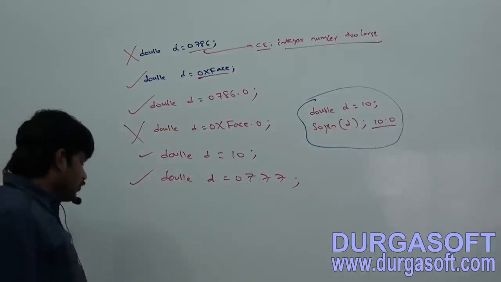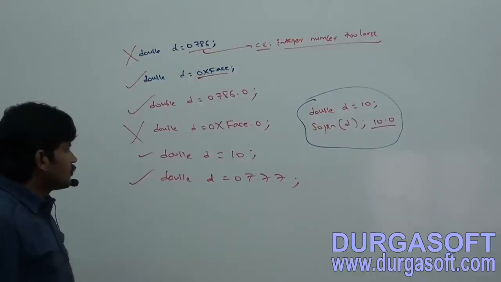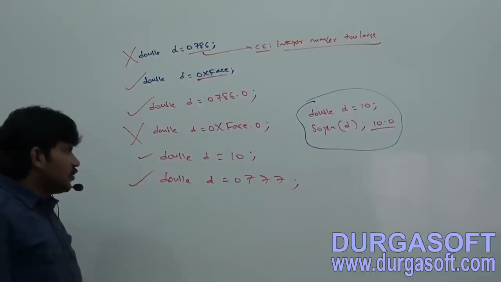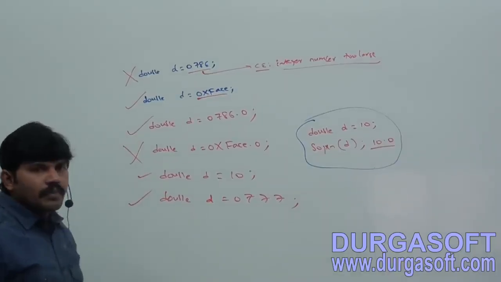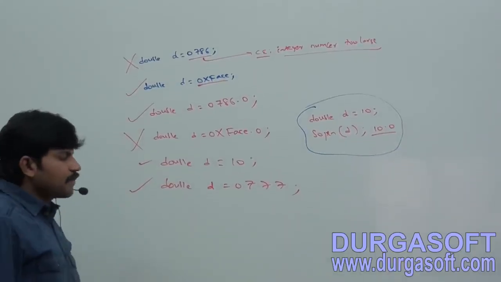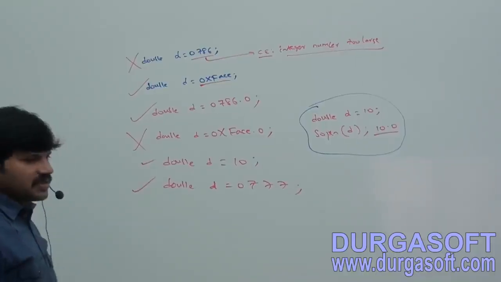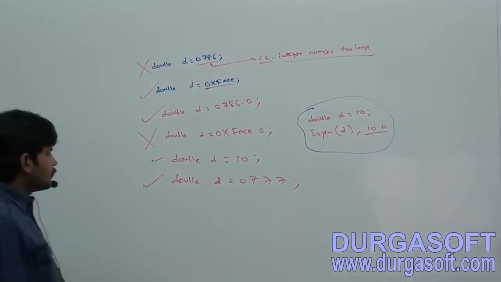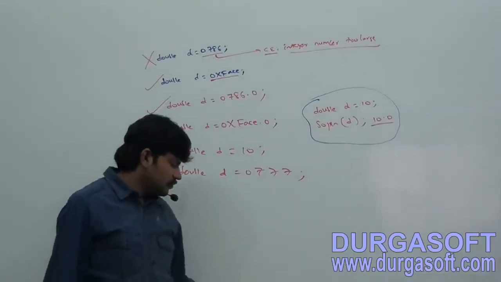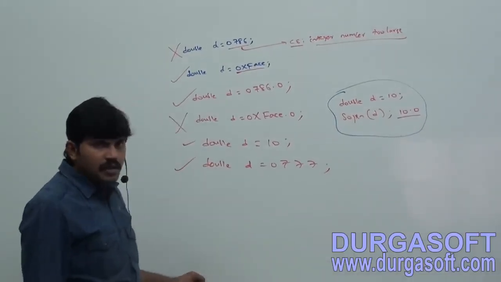Next 0xface.0. Next double d is equal to 10. double d is equal to 0777. Completed, I hope.